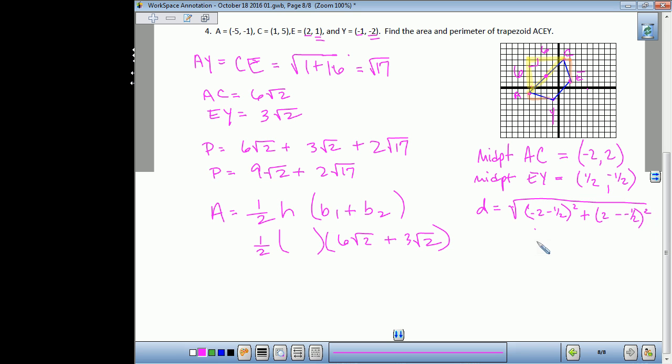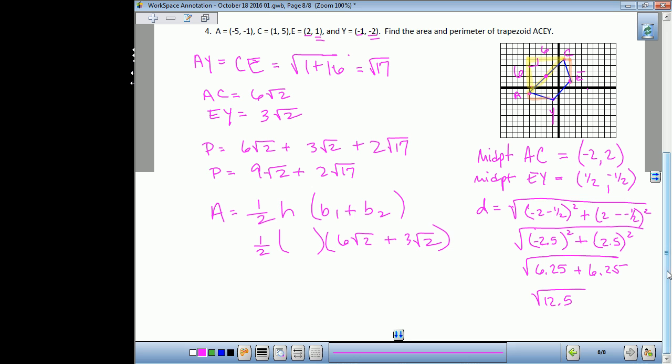Okay, so this is -2.5 squared, and this is +2.5 squared. So that's 6.25 plus 6.25, which is 12.5. Can this be a decimal?